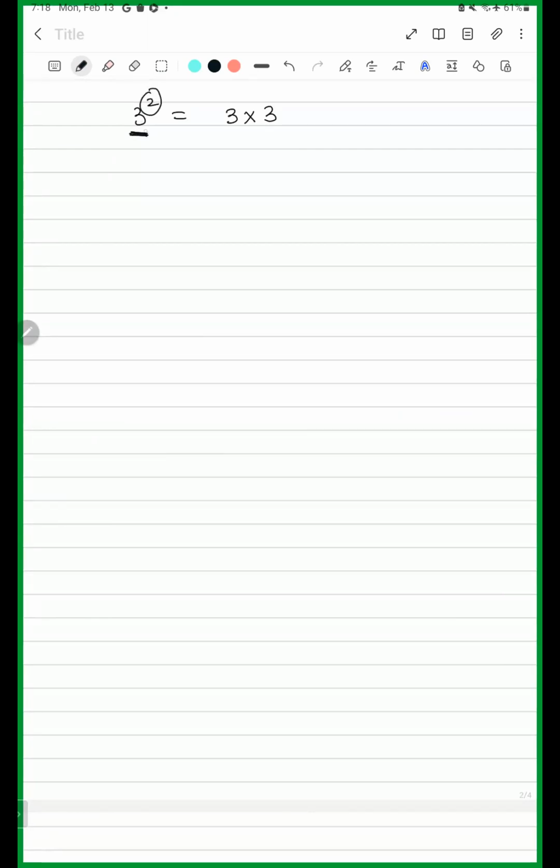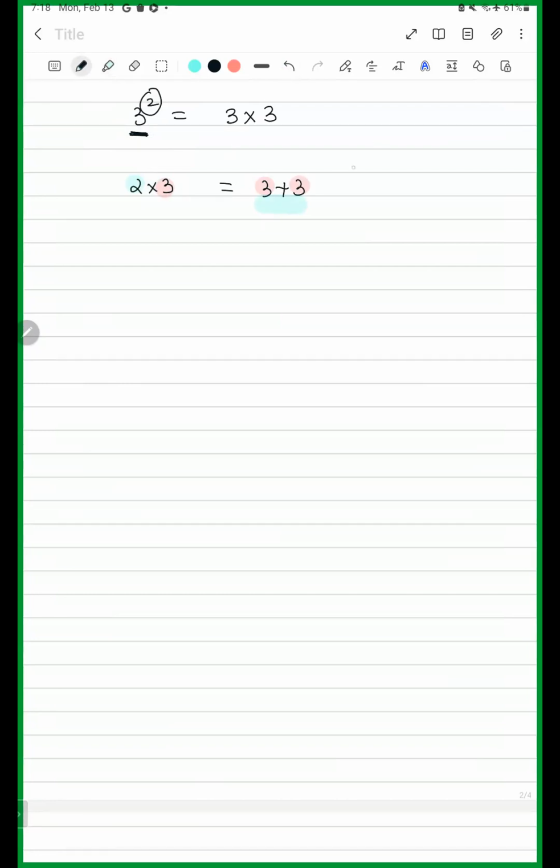Just like if you say 2 into 3, what does this mean? It means 3 plus 3. Right? How many times you are adding it to itself.